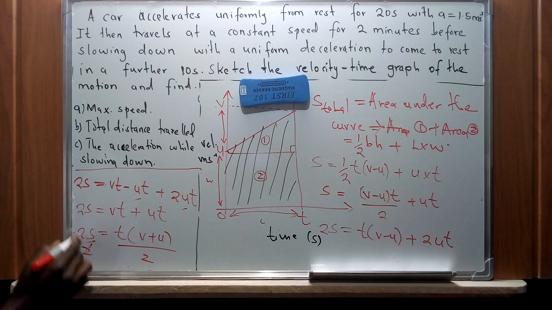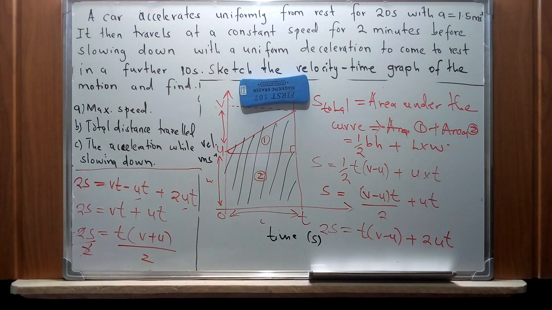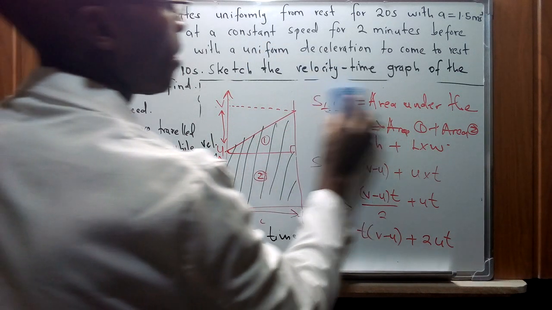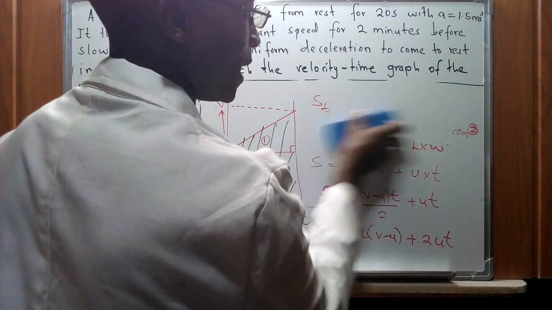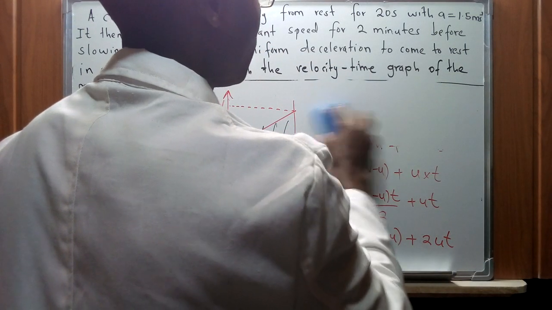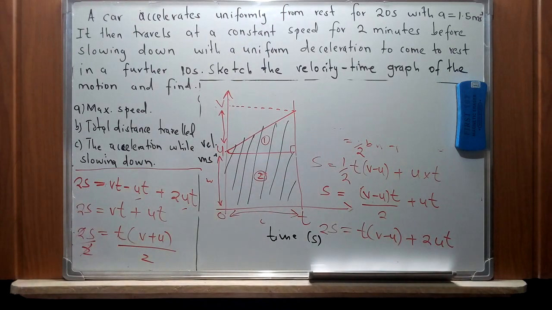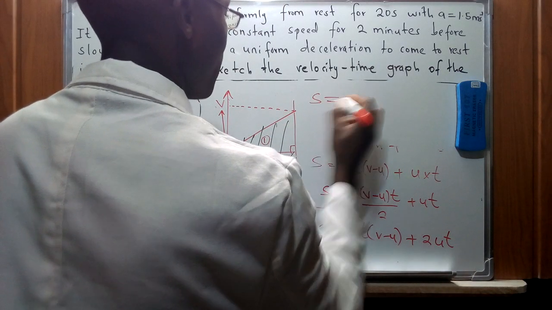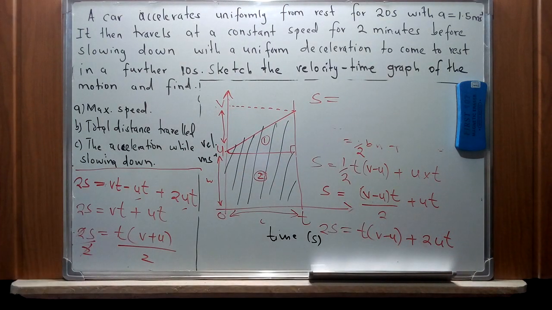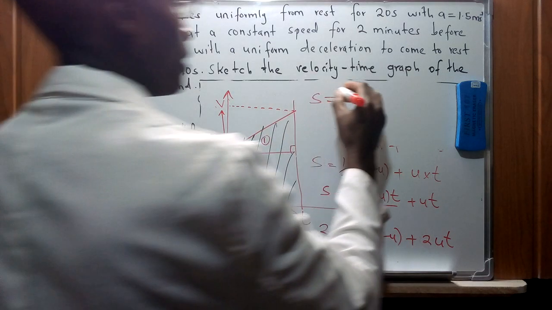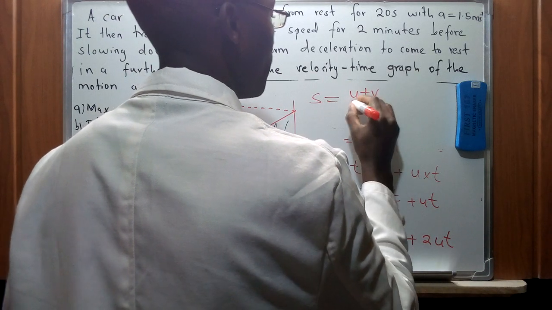Then we shall have s, which is of course our displacement, given as t times u plus v over 2.